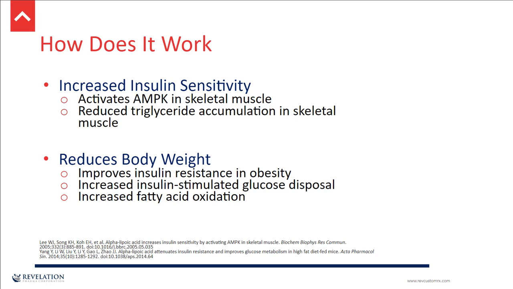So how does it work? So increased insulin sensitivity, which is at the core of blood sugar control and really a lot of what makes many people have issues with weight control in general versus other people who don't struggle as much with appetite and weight control. So it activates AMPK in skeletal muscle and reduces triglyceride accumulation in skeletal muscle.